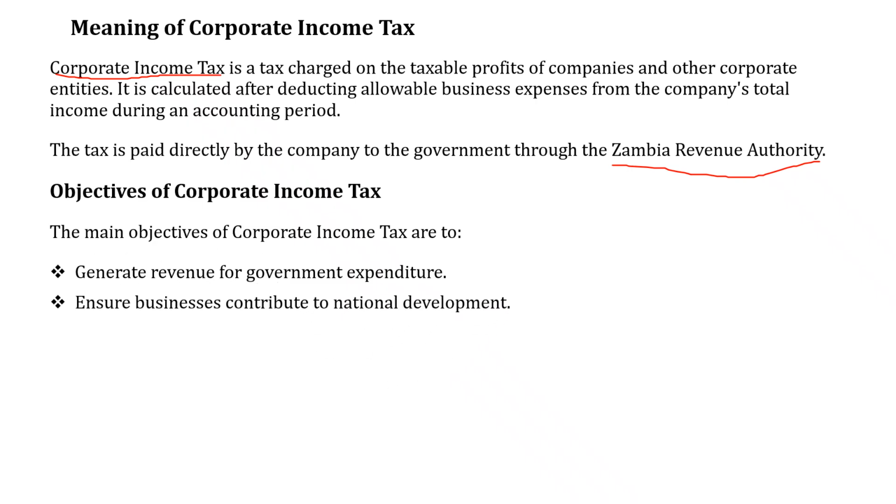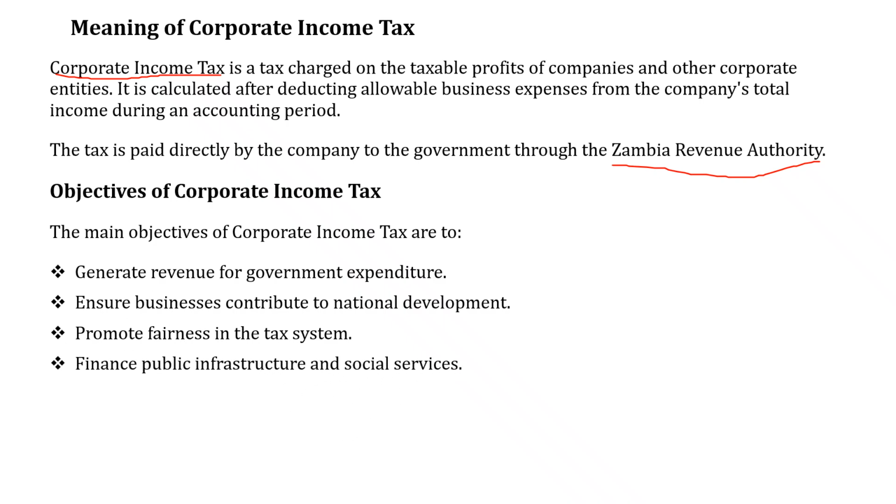You need to know that government has expenses. Another objective is to ensure that businesses contribute to national development. Each and every business has an obligation to make sure that it contributes to national development. Another objective is to promote fairness in the tax system. Then another objective is to finance public infrastructure and social services.